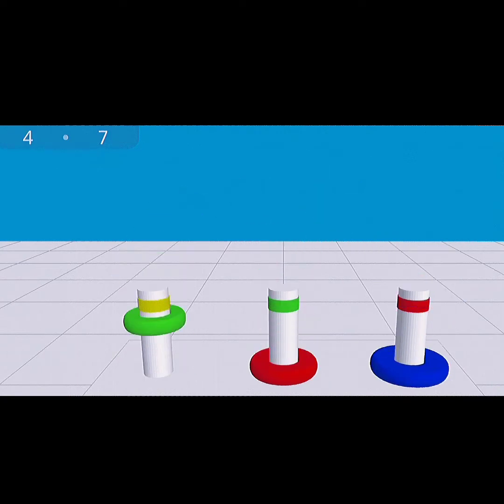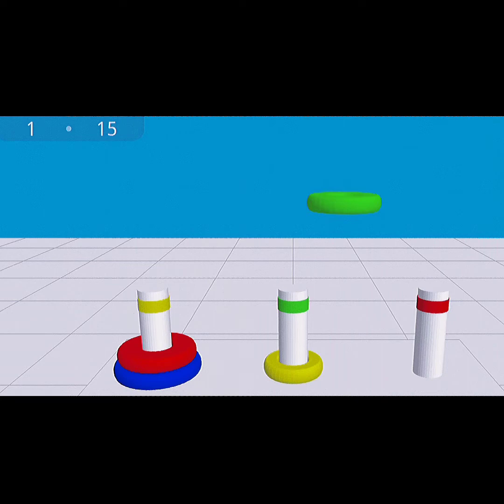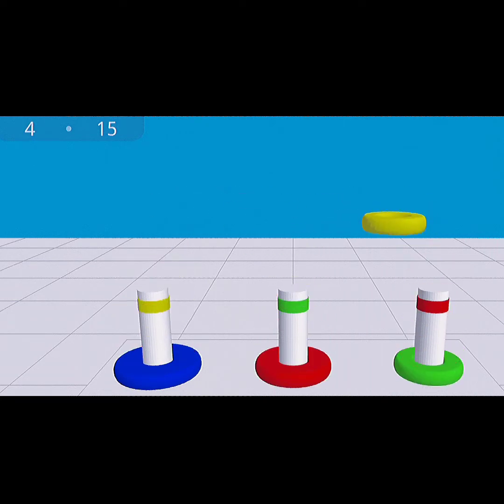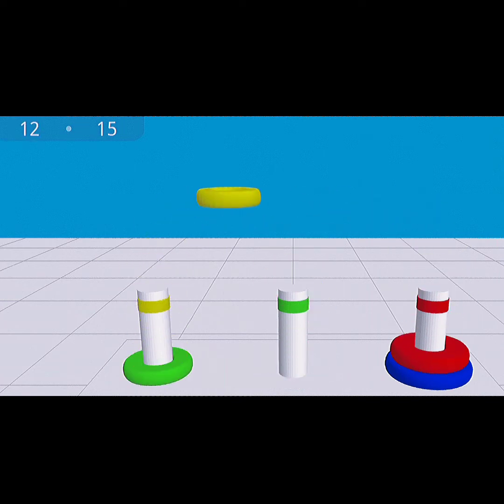So for 3 discs, we completed the puzzle in 7 moves. Now, let's try out using 4 discs. We completed the puzzle in just 15 moves.